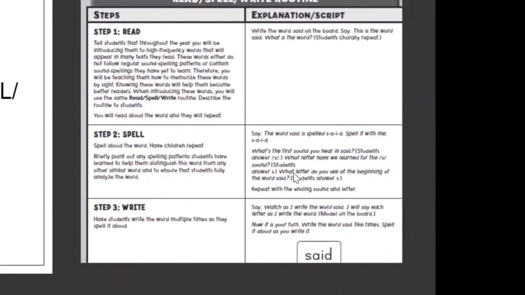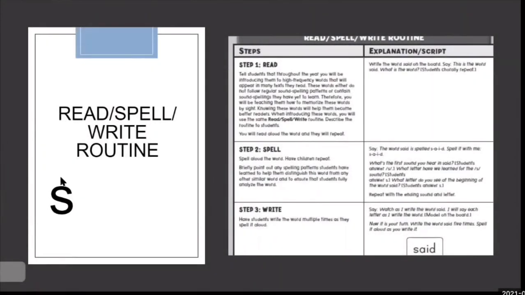The basic routine is, if you read right here, what's the first sound you hear in said? And here's where it's surprising. Then they go to the end sound, then they go to the middle. Most people just put the whole word up. So it's: what's the first sound in said? What's the last sound?